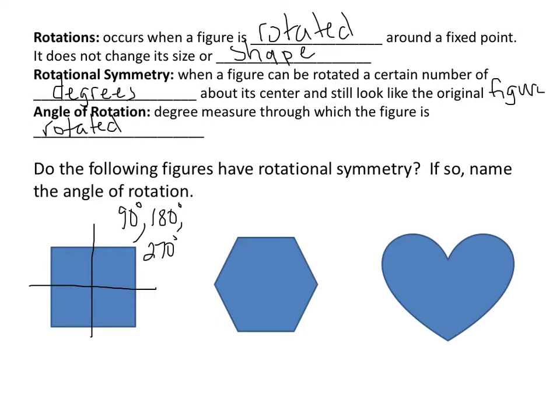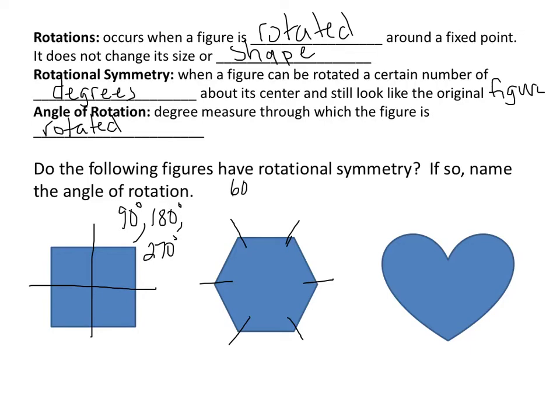On our hexagon, because it's a regular hexagon and each angle is the same, each time we can rotate to a new corner on the left. So there'd be 6 sides.